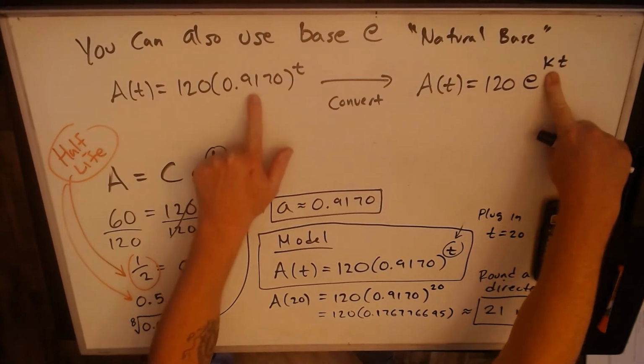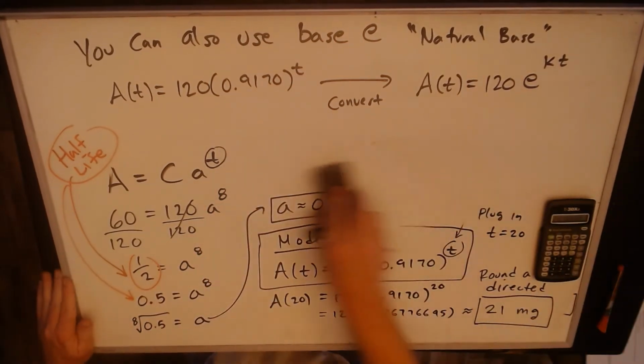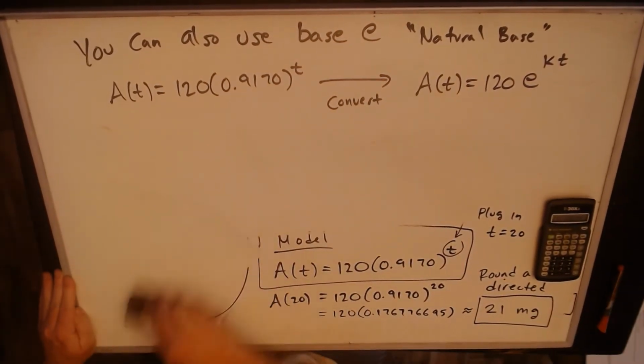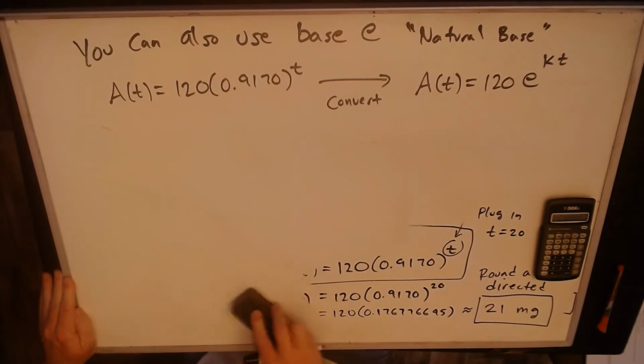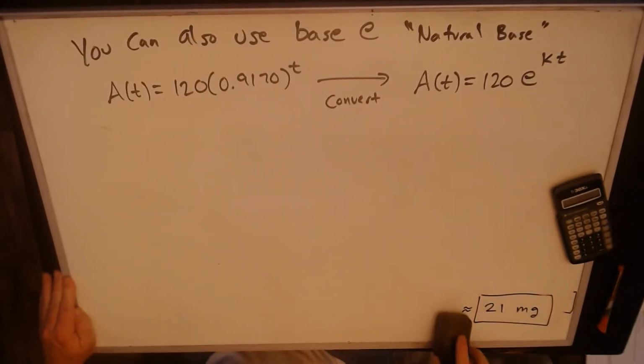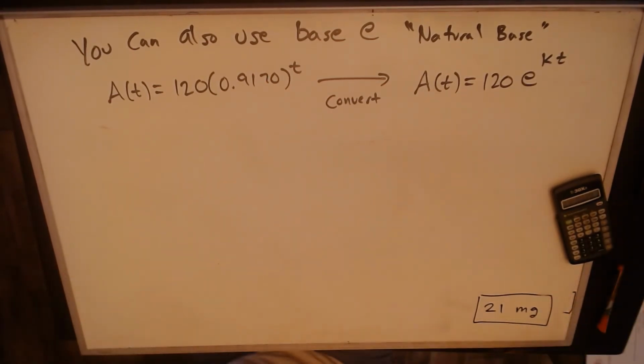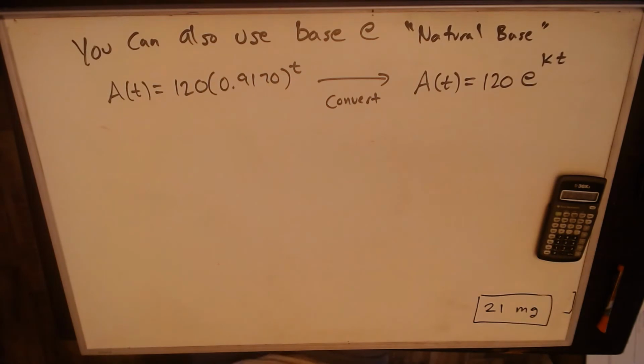When you have this 0.9 base, your exponent is just t, but when you have the natural base, your exponent is kt. Let's keep our answer here, and we'll compare that we should get the same answer. So I'll leave that there as a check. Last time I erased it, I had to go back and find it again.